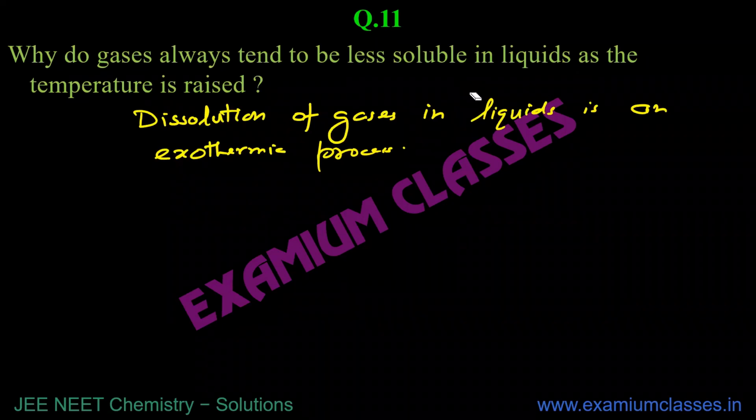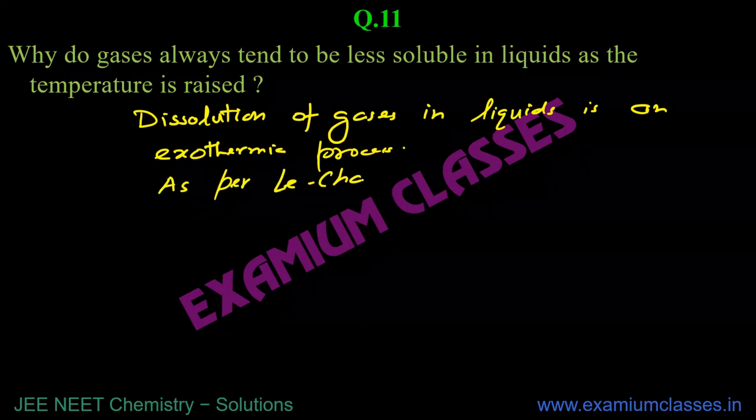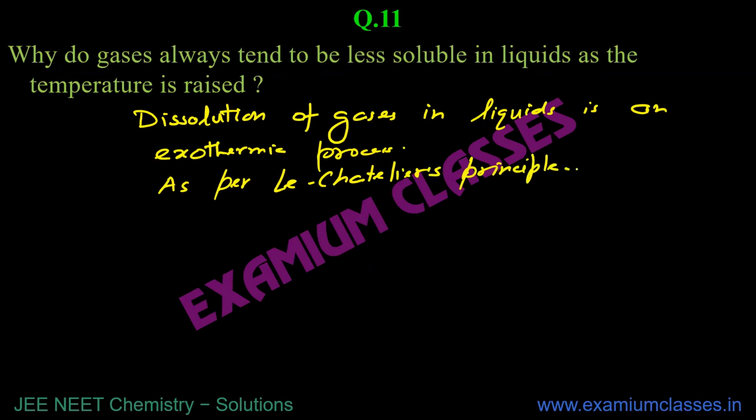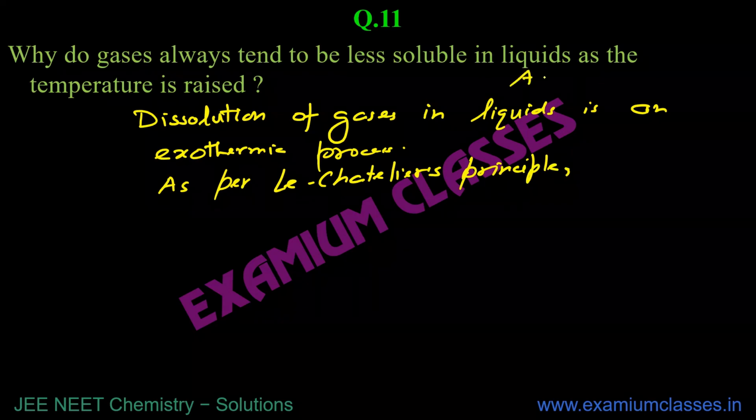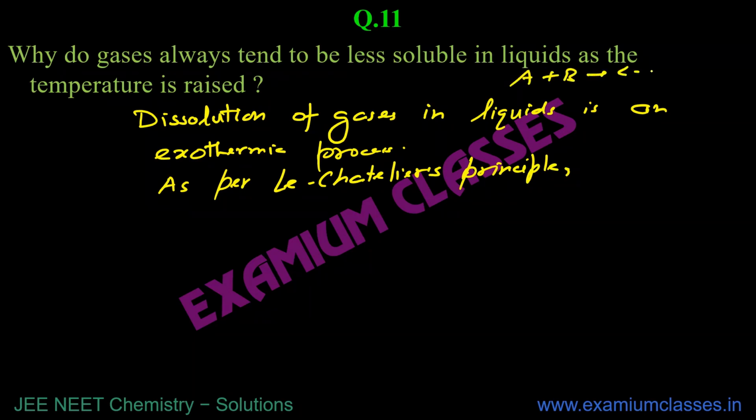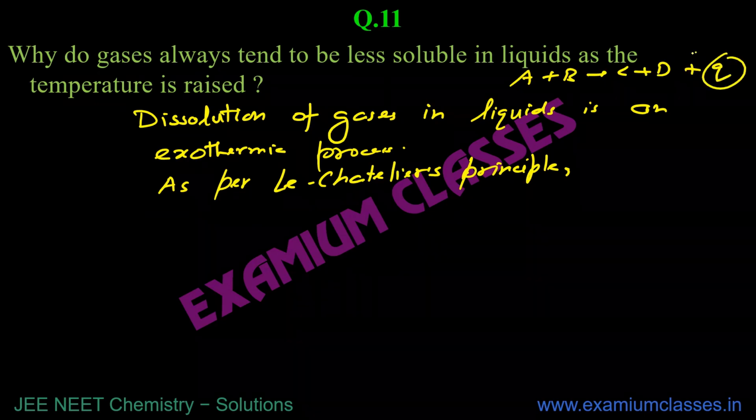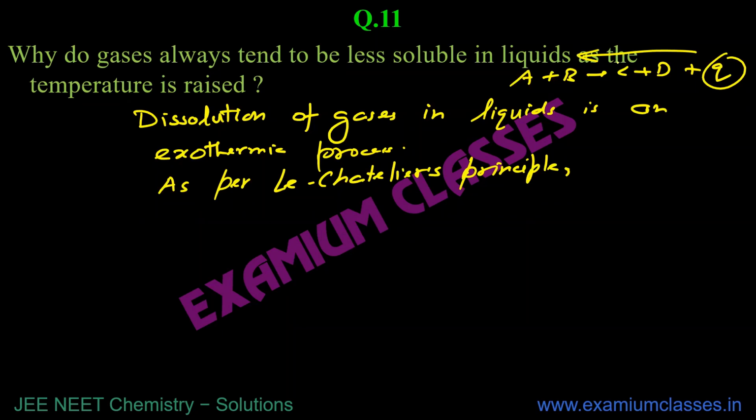Because it is an exothermic process, as per Le Chatelier's principle, what will happen? Just visualize it, don't write it. A plus B gives you C plus D, and if it is exothermic, heat will be evolved. So if I increase the temperature, it will go in the backward direction.